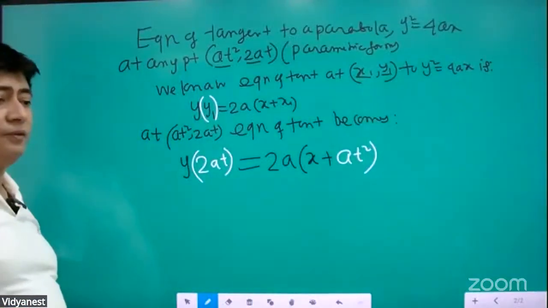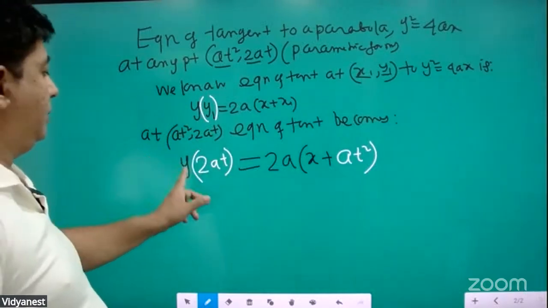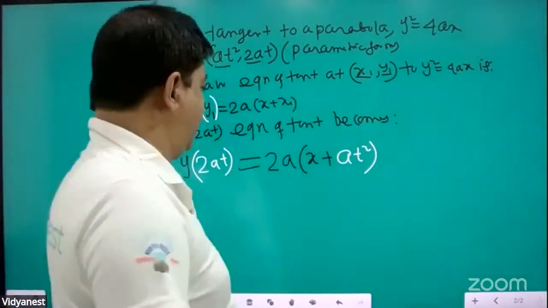So in place of x1, y1 we have put the parametric form of that point.